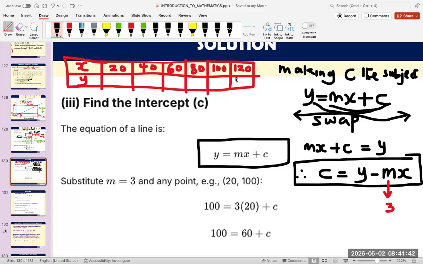We saw 400 for this last one. We saw 340 for the 100. We saw 280 for the 80. We saw 220 for the 60. We saw 160.